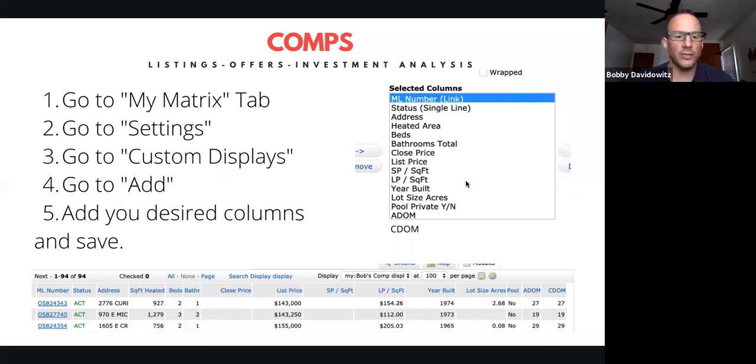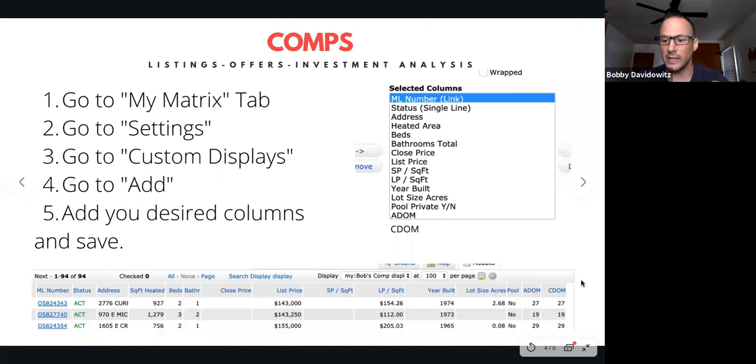Okay, so take a screenshot of this just in case you forget the steps, but this is how it can be done so that you're looking at just the information you want to see and you create your own display. And when you go in there and create your display, you'll see a bunch of criteria that you might not have even known you can search for. I'll tell you how I use this as a pro tip. I've created a display where I pull up the buyer's agent and listing agent's emails, right?